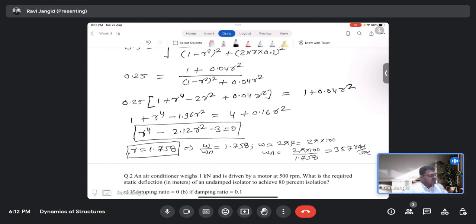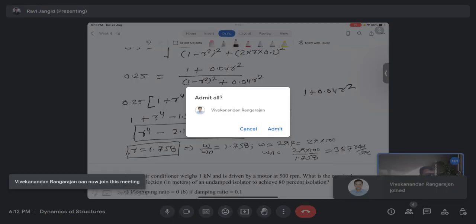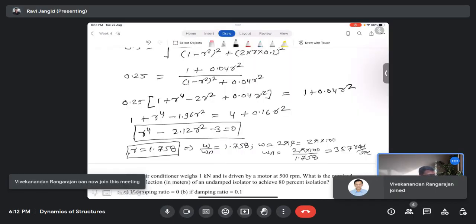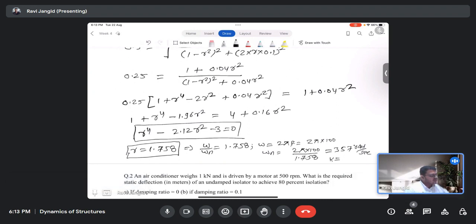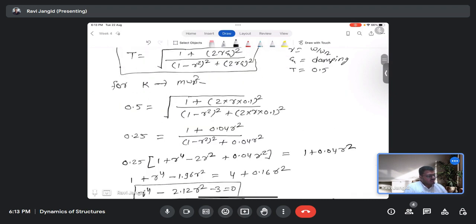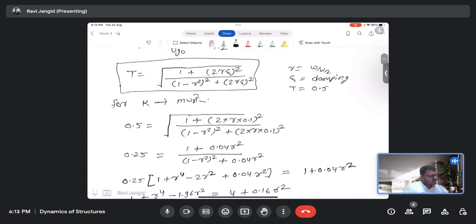From the omega n, now you can find out the k. Using this omega n, k is equal to m omega n square. m is given to us as 50 kg, and omega n is 357 square.